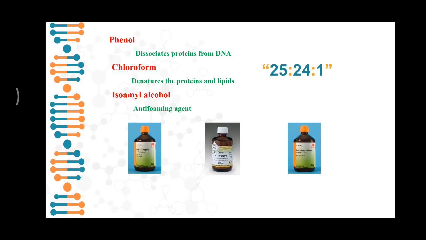So phenol dissociates protein from DNA, and in addition, phenol changes the solubility of proteins by forcing the hydrophobic non-polar residues, which usually hide inside of proteins and away from the solvent, to interact with the solvent.